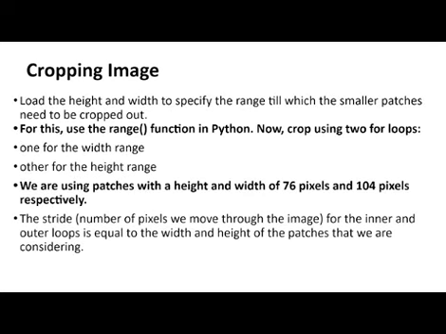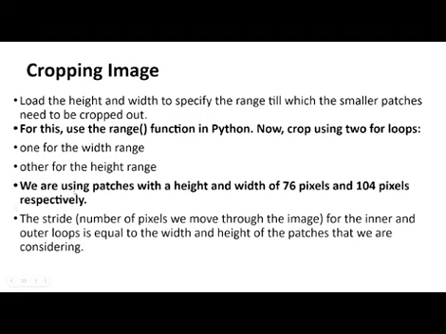So you can load the height and width to specify the range, as I told you, up to which the smaller patches need to be cropped out. For this, we can use the range function in Python, and you can crop using two loops, one for the width range and the other for the height range.